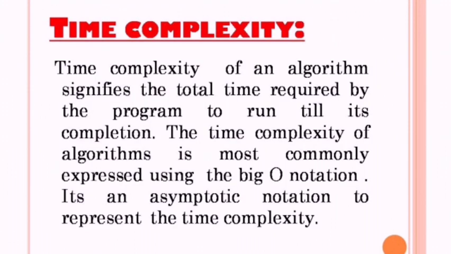Let's come to the time complexity of quicksort algorithm. Time complexity of an algorithm signifies the total time required by the program to run till its completion. It is the total time taken by the program to complete the run. Here the time complexity of an algorithm is most commonly expressed using the O notation.